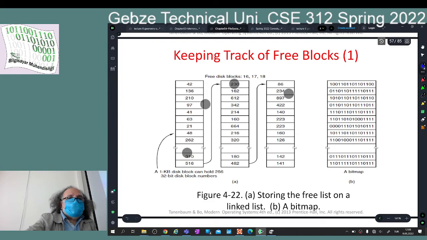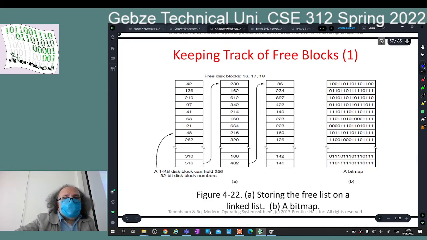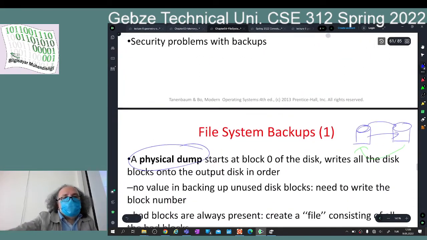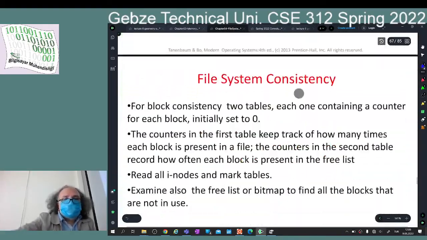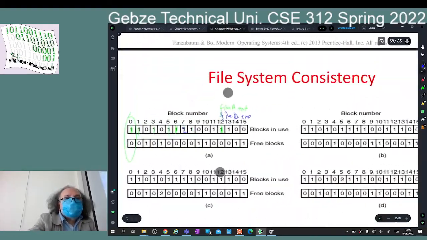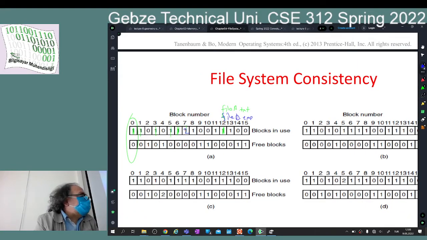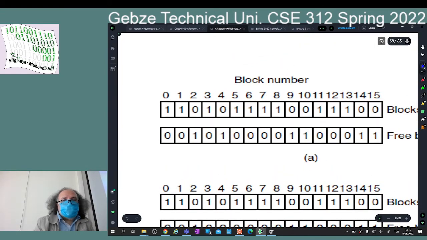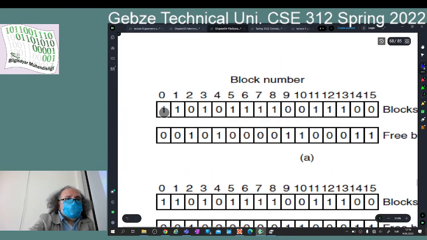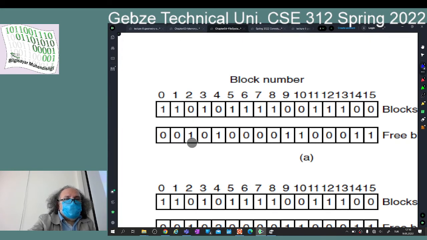I scan this list, or I scan this bitmap, and I mark all the free blocks one by one. At the end I expect such a nice configuration: a block is either in use or free.